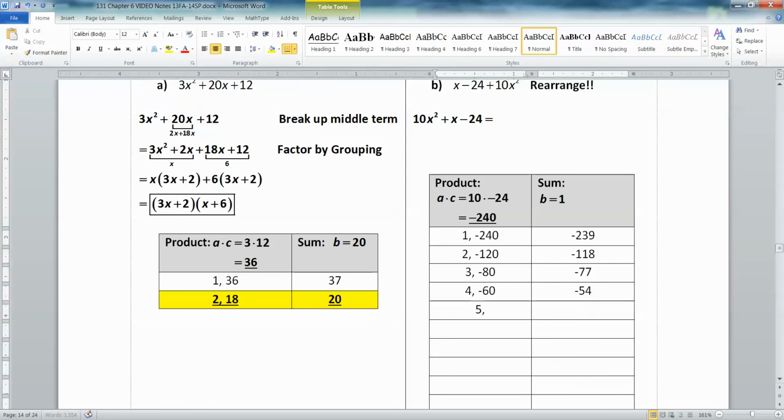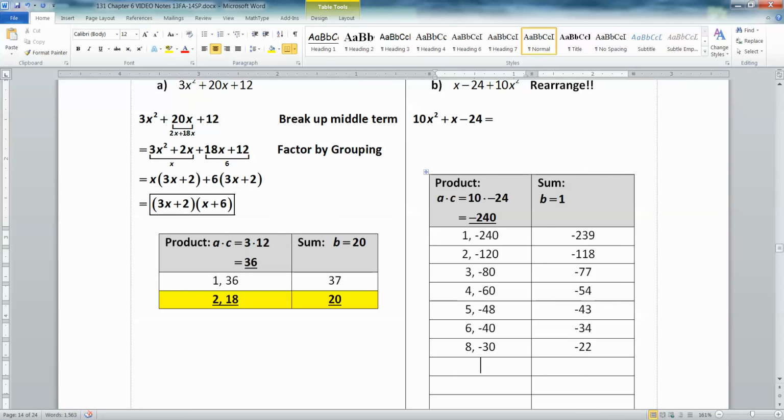All right, sorry, 5 and negative 48 makes negative 43. Let's see, 6 goes into 240 negative 40 times, that makes negative 34. 7 doesn't go into 240. 8 goes into 240 negative 30 times, that makes negative 22.